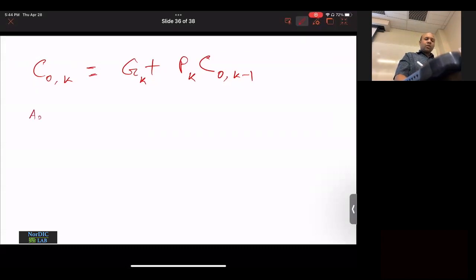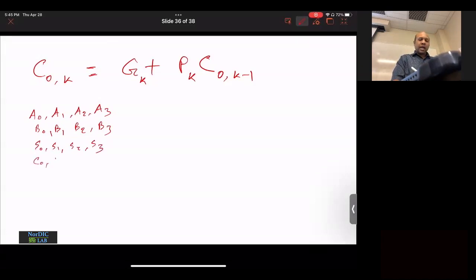Let's use this to calculate. So you have A0, A1, A2, A3, 4-bit. B0, B1, B2, B3. Sum 0, sum 1, sum 2, and this is the last slide. So let's just get it done with, okay? And carry 0, carry 1, carry 2, carry 3. Let's see, it's gonna be fun.